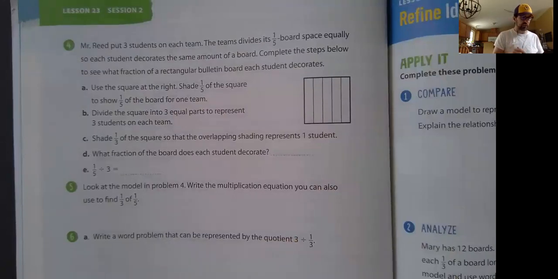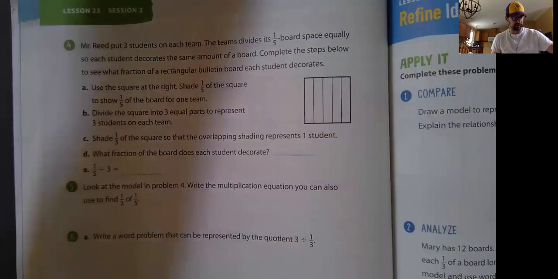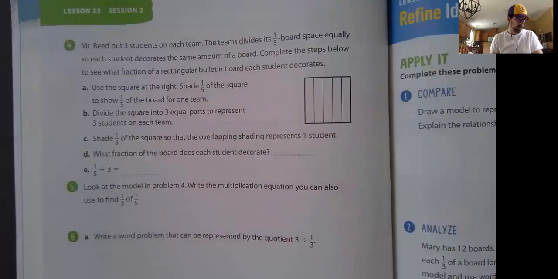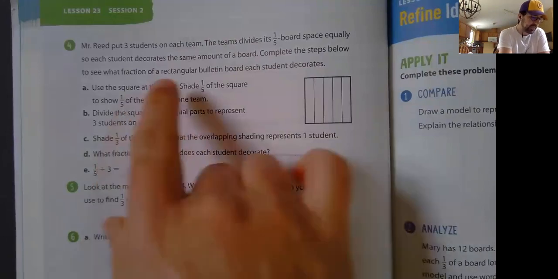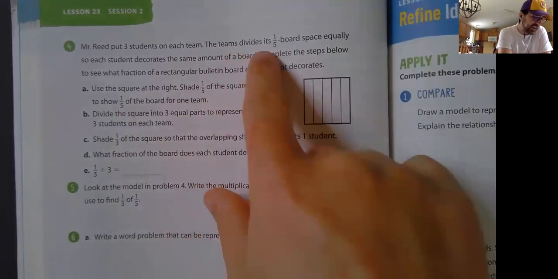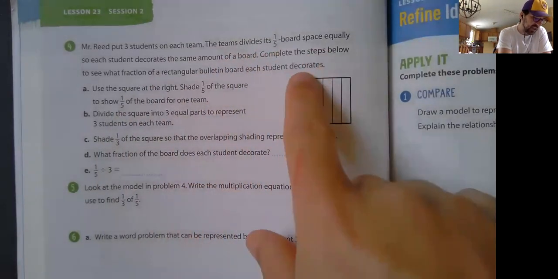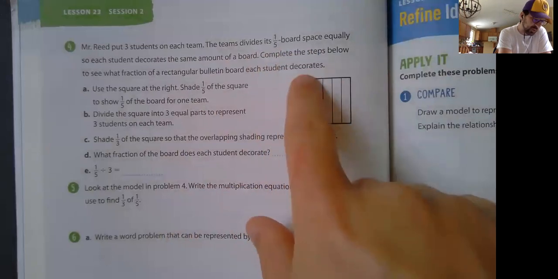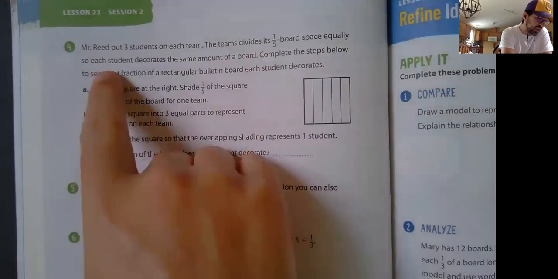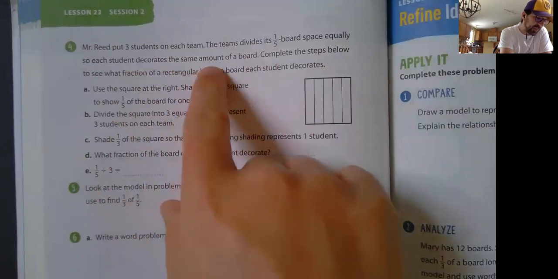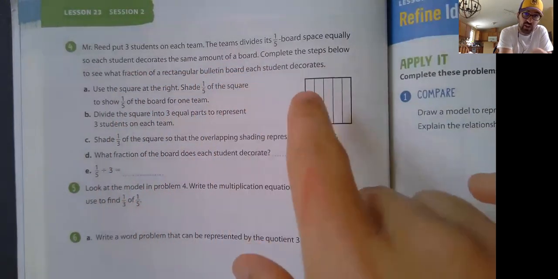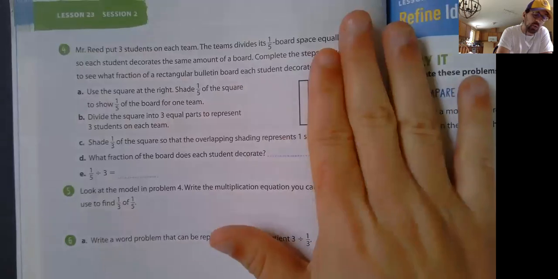Okay, so let's look at this closely here. It says the teams divided its 1/5 board space, which would be one of these spaces, equally so that each student decorates the same amount of board. So we're going to divide this so that each student has a part of that 1/5, right?